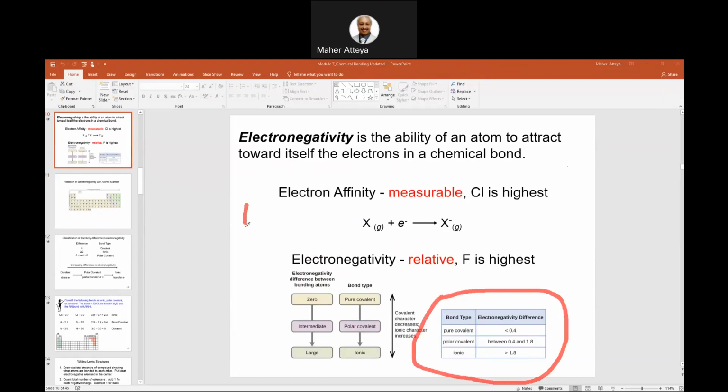So the HF, although it's covalent polar, acts close to ionic. But it should be over 1.9, more than 1.9, not 1.8. So it's a covalent polar. It's a covalent polar. Let's do another one.